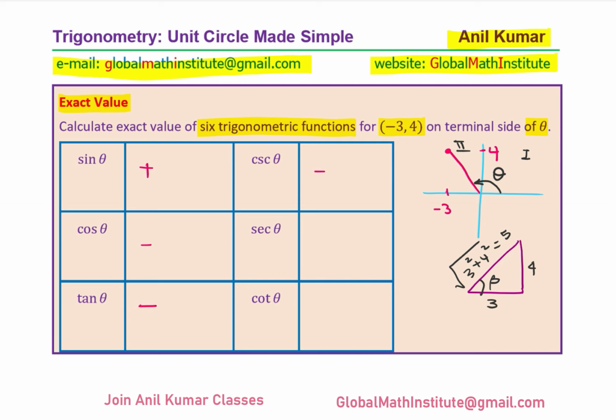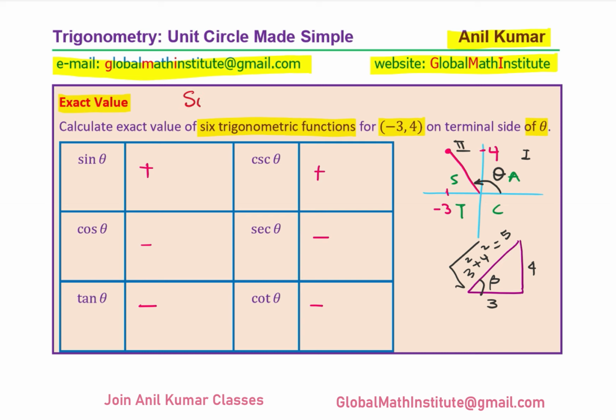Similarly, cosecant, which is the reciprocal of sine, will be positive, other two will be negative. We are in quadrant 2. Perfect. You could also use the CAST rule to figure this out. Easy as that.